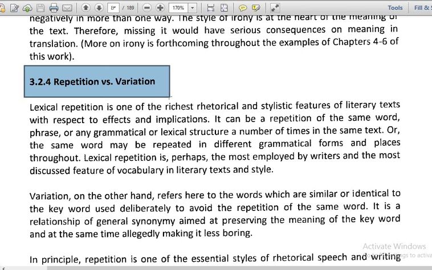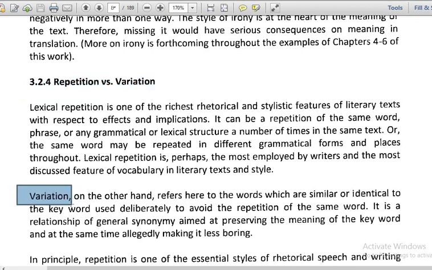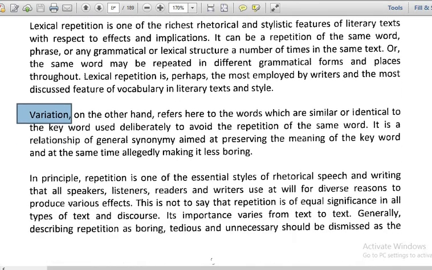It can be a repetition of the same word, phrase, or any grammatical or lexical structure a number of times in the same text. Variation, on the other hand, refers here to the words which are similar or identical to the key word used deliberately to avoid the repetition of the same word.